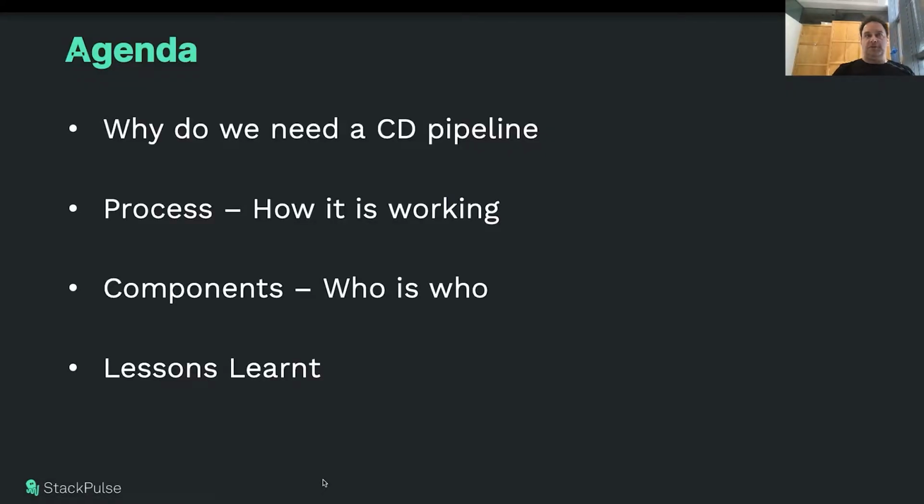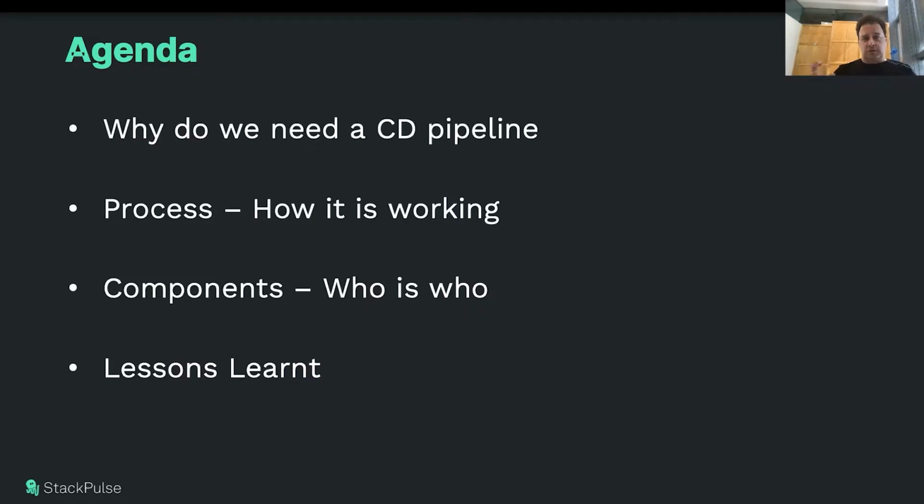continuous deployment system. So we'll start by explaining why we even need it and how important it is. Then we will talk from the high-level perspective, that will be my part in this conversation, about how it works.